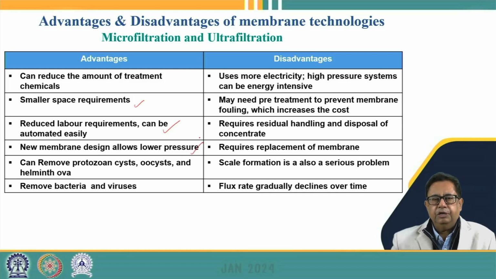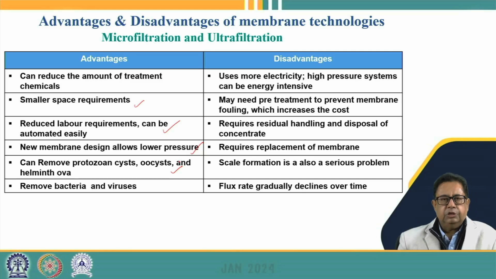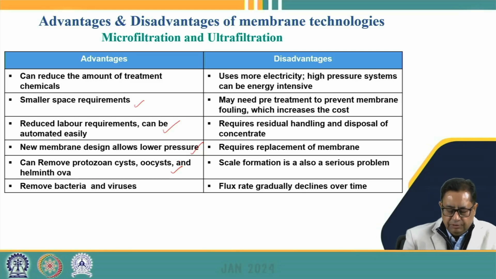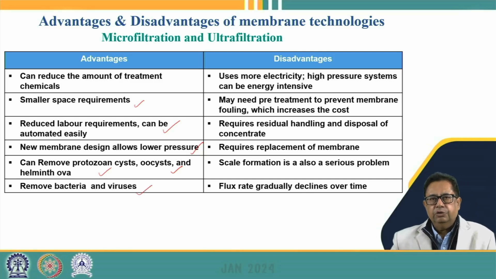Nowadays, new membrane designs are being developed which may allow lower pressures also. This may reduce the cost of the treatment. Similarly, it can remove a number of protozoa cysts, oocysts, as well as helminth ova. It can also remove the bacteria and the viruses during microfiltration and ultrafiltration.